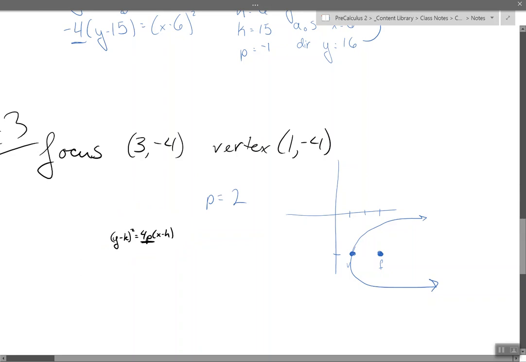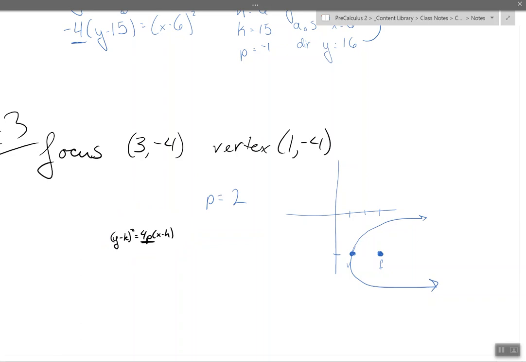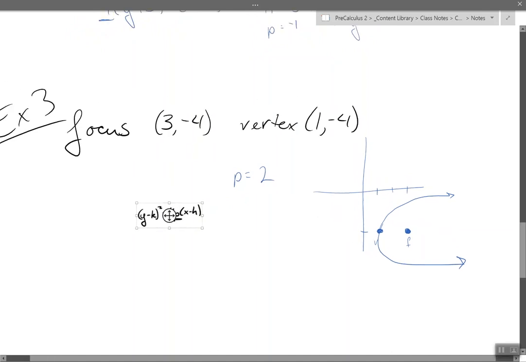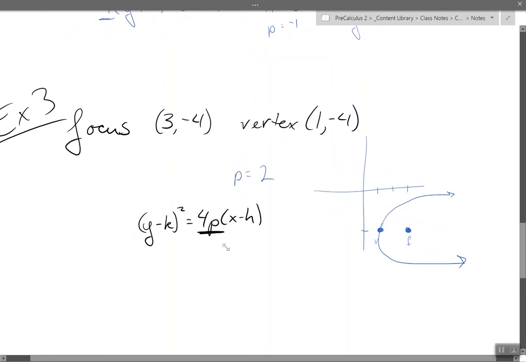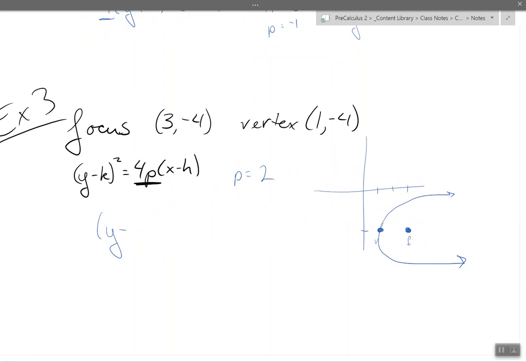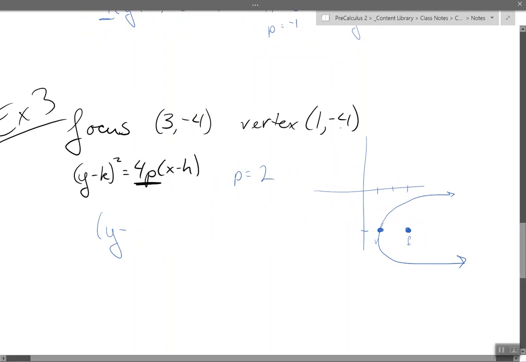And we are ready to write an equation. This is actually probably the easiest set of information that they can give us. We're just going to use this version of the equation. Let me make that a little bit bigger, and fill in everything that we have now. So it's going to be y minus k. k is the y-coordinate of the vertex, so -4.